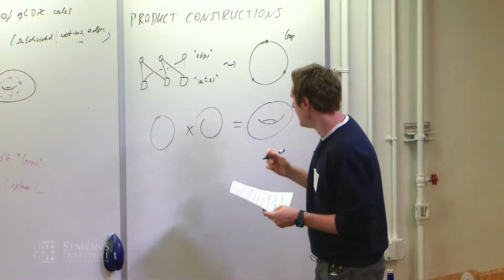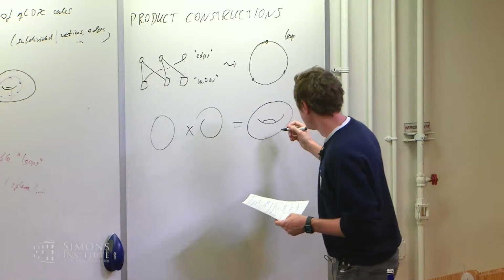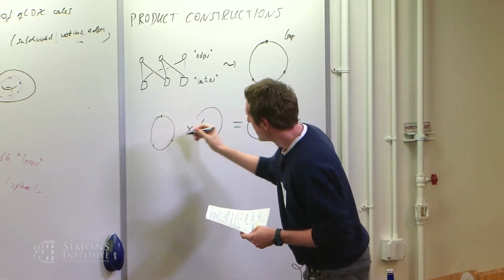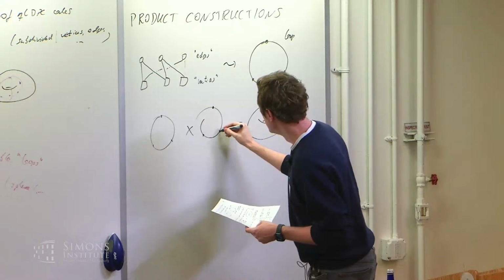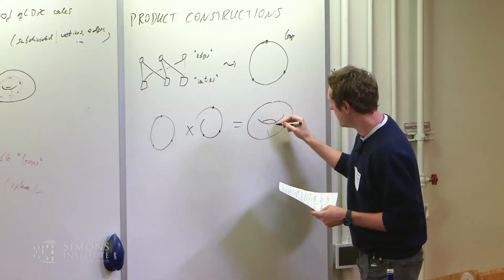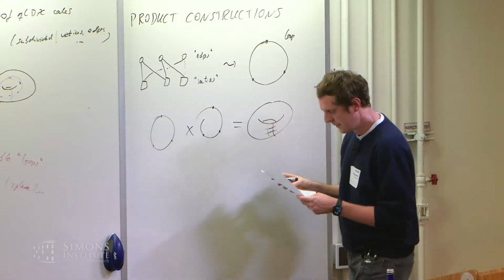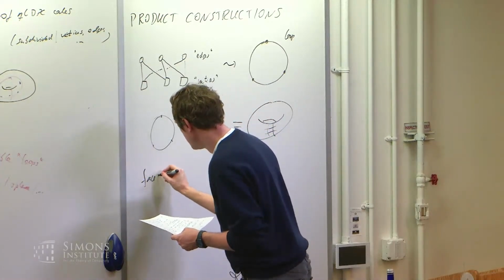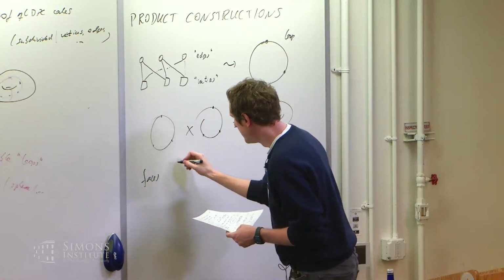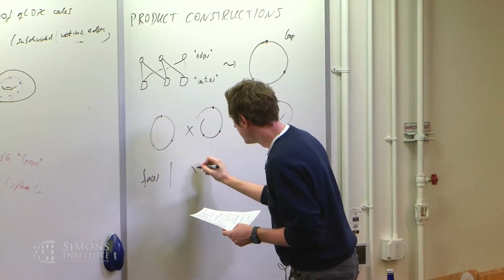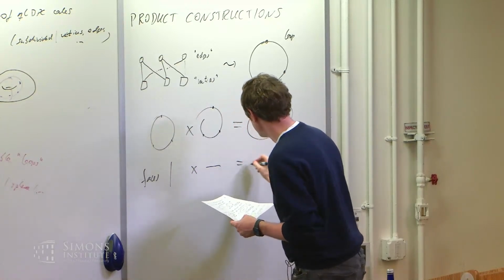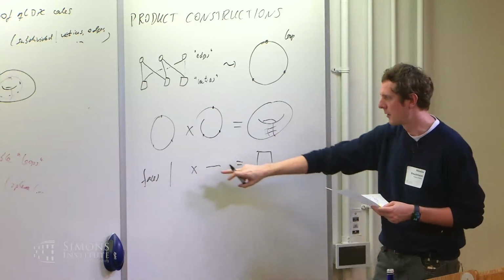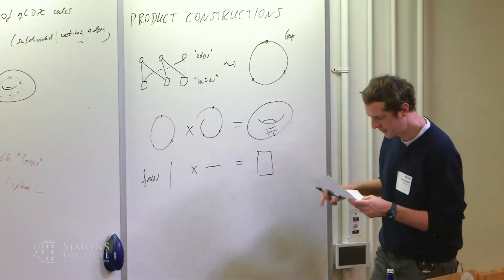And it's not any torus. So if I assume that I have a simulation here, I get a simulation here. Let me first write down what my faces are. These will be products between two edges, one edge here and one edge here. This will always give me a square face. If I take the product of two edges, I get a square face.